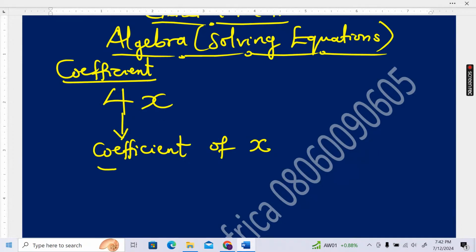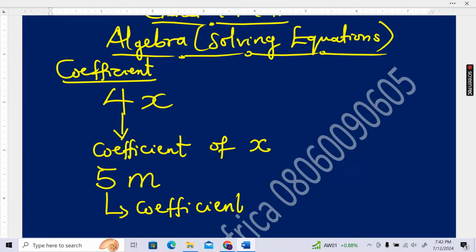Now, in 5m, 5 is the coefficient of m. 5 is the coefficient of m because 5 is multiplying the letter, the unknown, or 5 is beside the unknown. 5 is the number multiplying the letter or the symbol.